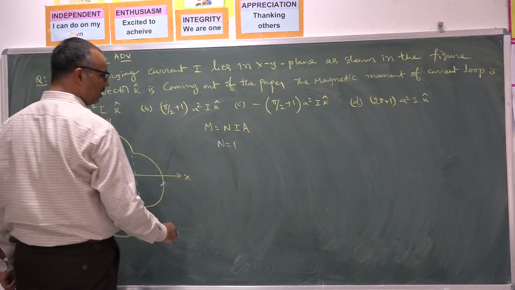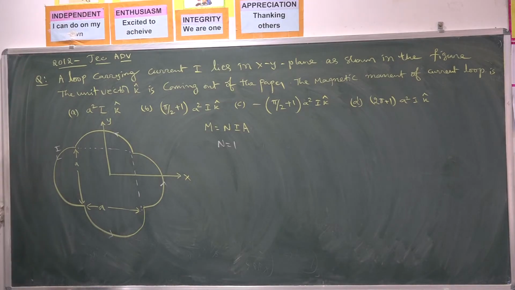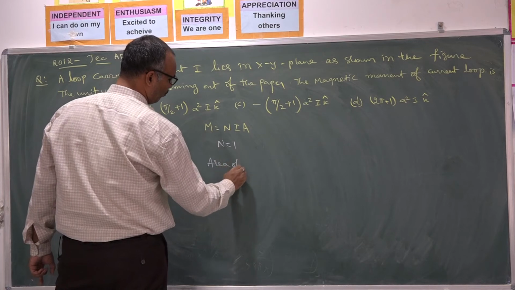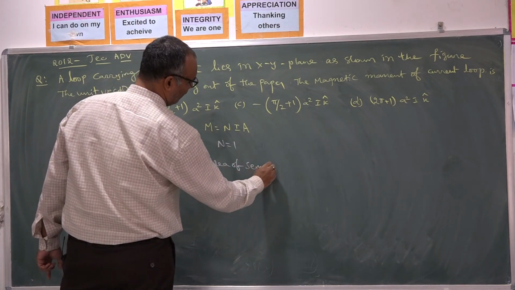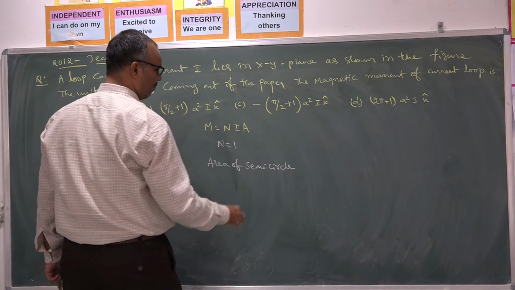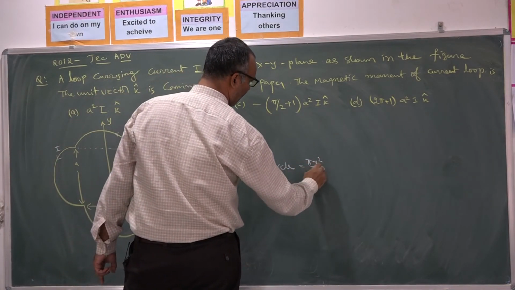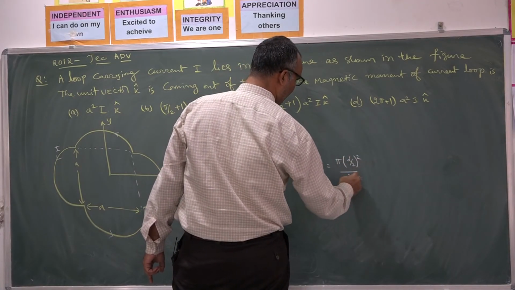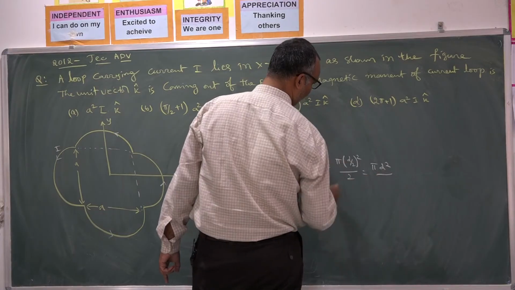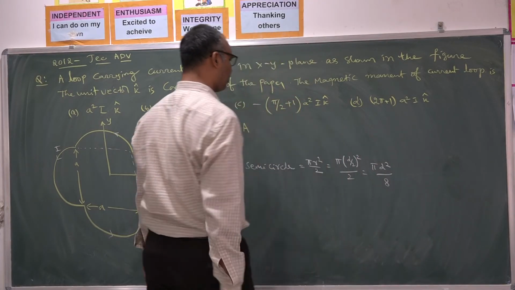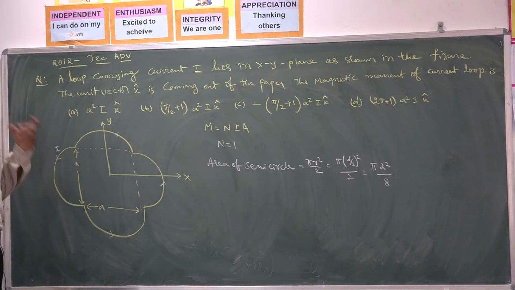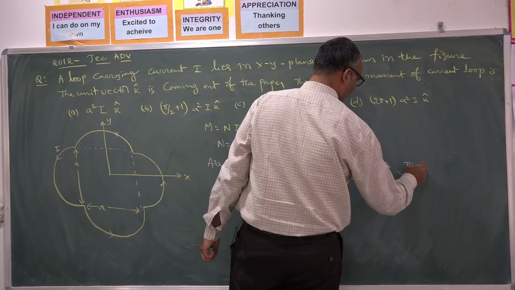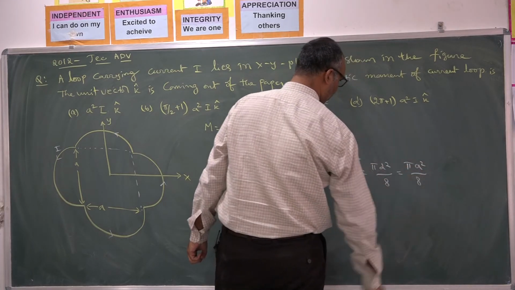The area of a semicircle is pi r square by 2, otherwise pi into d by 2 whole square by 2, that is pi d square by 8. They gave diameter a directly. So the area of the semicircle is pi a square by 8.